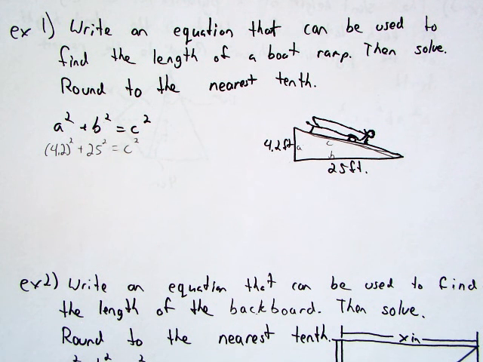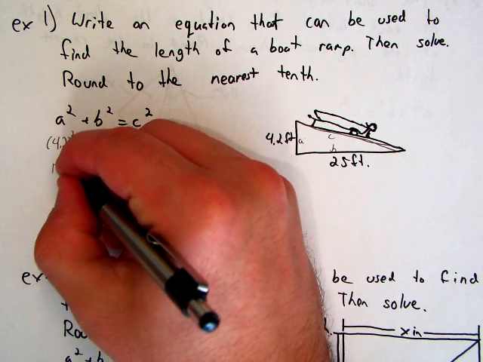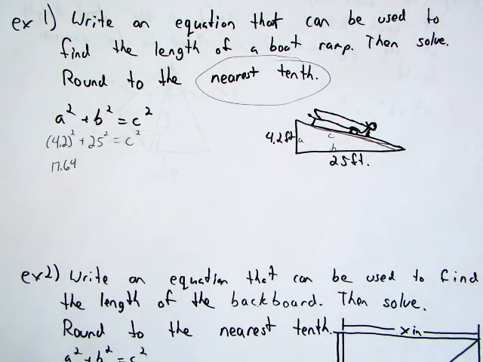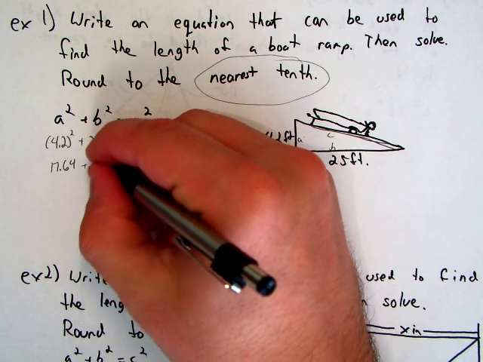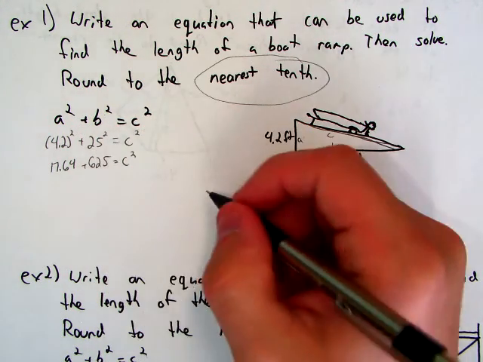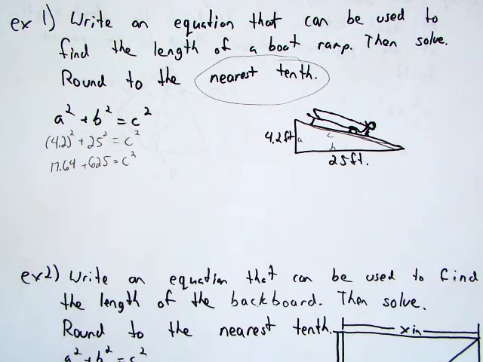Now, 4.2 squared is 17.64. I know it says to round to the nearest tenth, but we never round until the very end. 25 squared is 625, and I don't know what that length is. That's the length I need to find out.